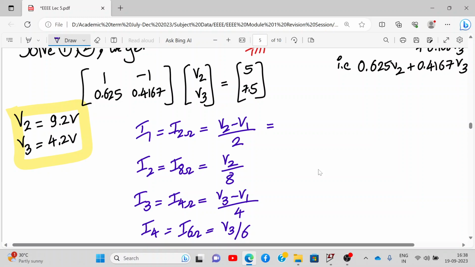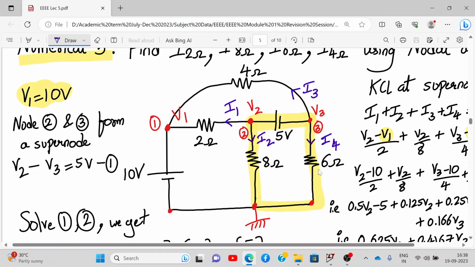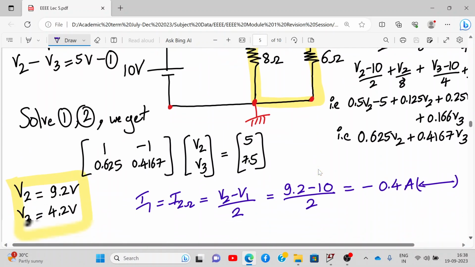So let's check this out. This will be 9.2 minus 10, I mean V1 is 10 volt. So this comes out to be minus 0.4 ampere, and the current direction is like this, I1. So you can see current direction this way from right to left.